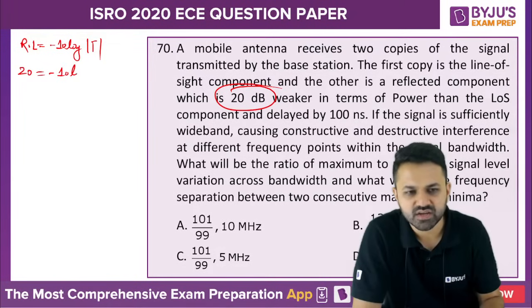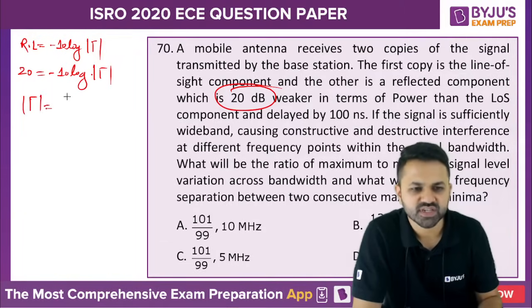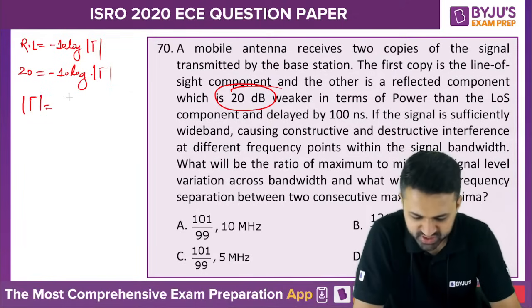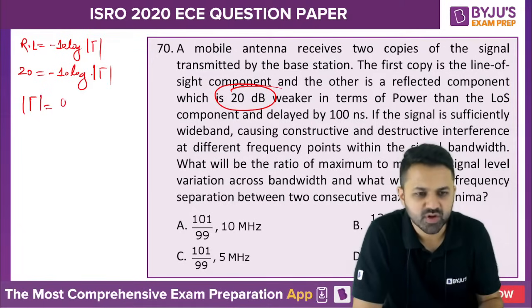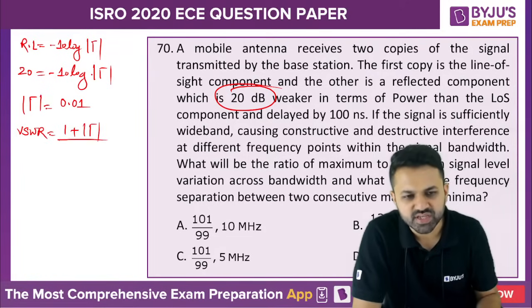When we solve this, the magnitude of the reflection coefficient comes out as 0.1, and the VSWR is 1 plus magnitude of reflection coefficient divided by 1 minus magnitude of reflection coefficient.